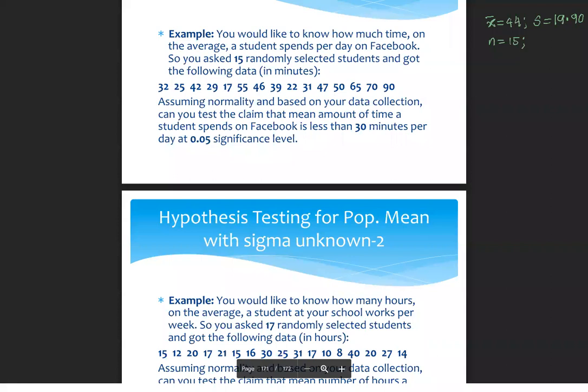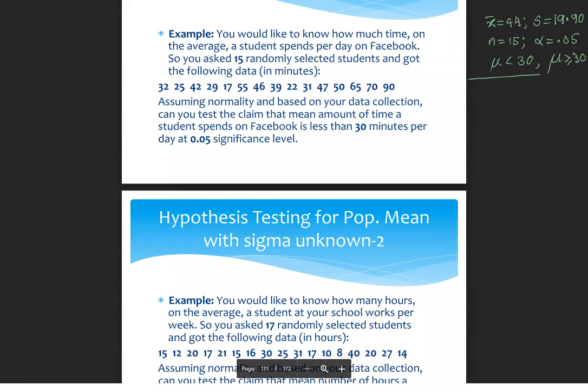So you want to test at what significance level? 0.05. Alpha is equal to 0.05. You want to test that the average amount of time students spend on Facebook is less than 30 minutes. So mu is less than 30 versus mu is greater than or equal to 30.